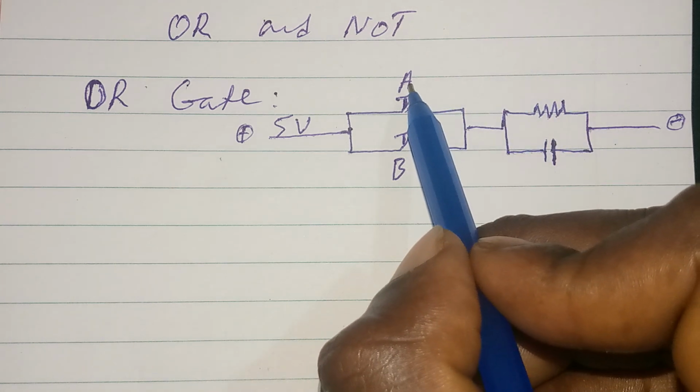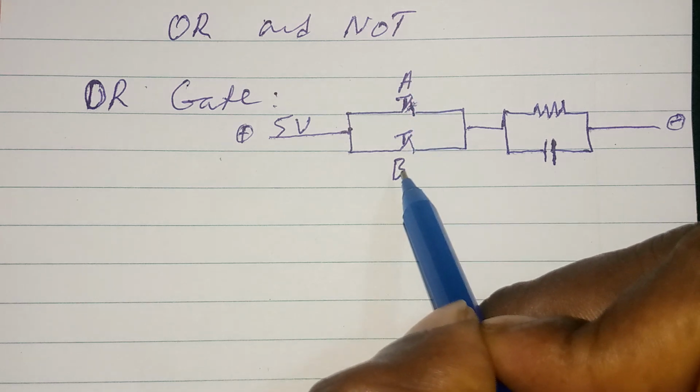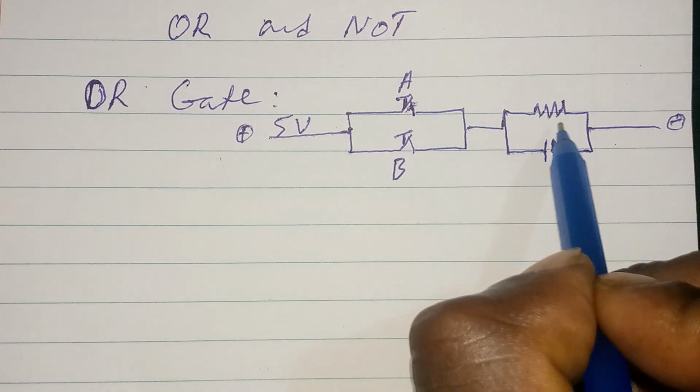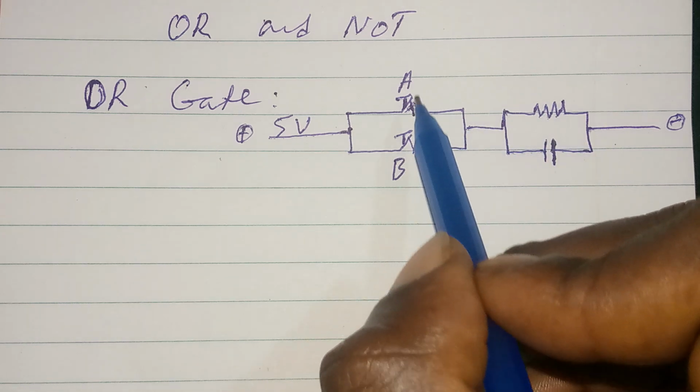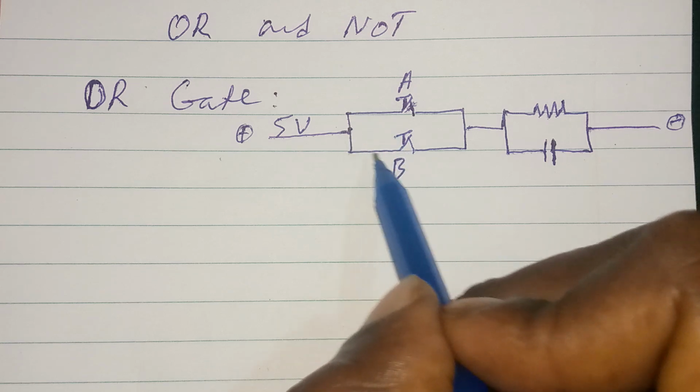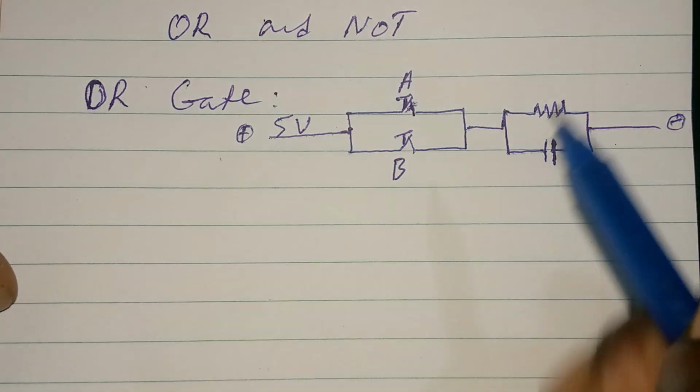If switch A is closed, leaving switch B open, the circuit will still be powered. If you close switch B, leaving switch A open, the circuit will still be powered.